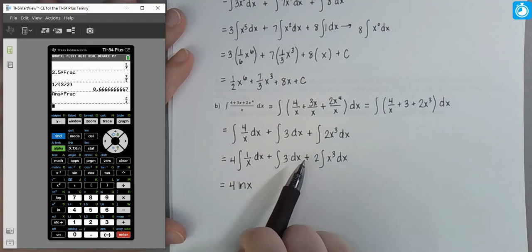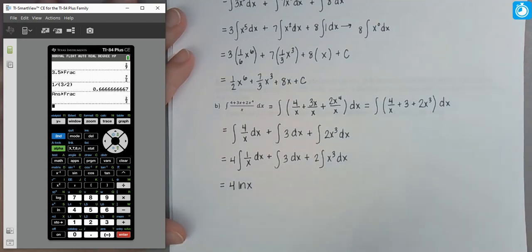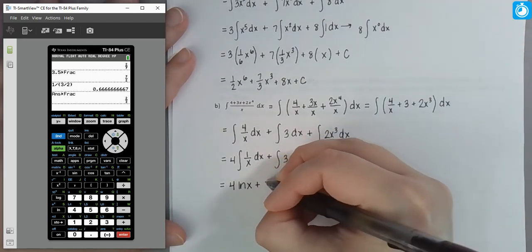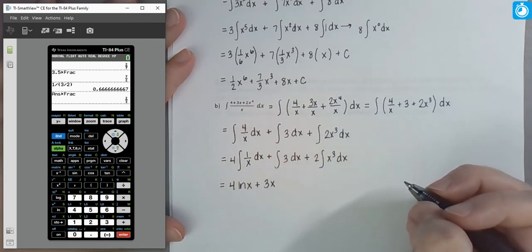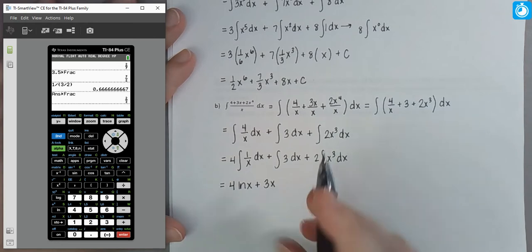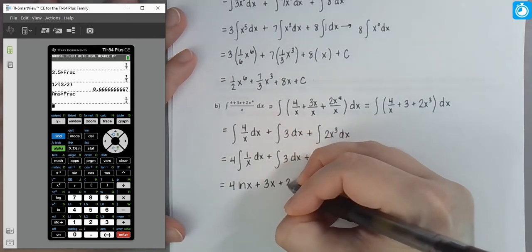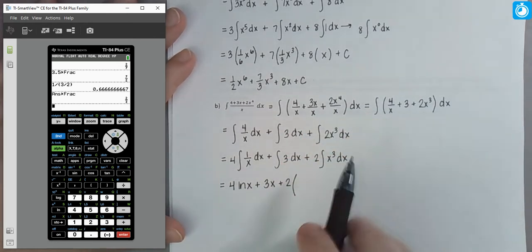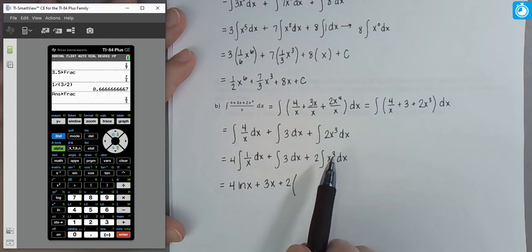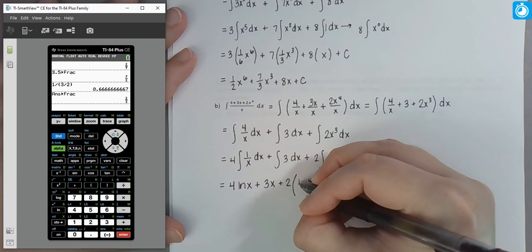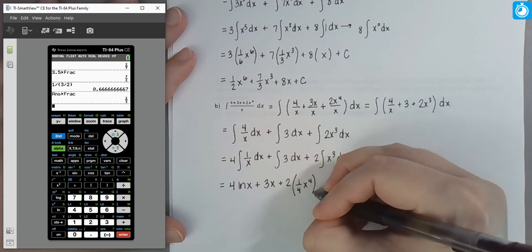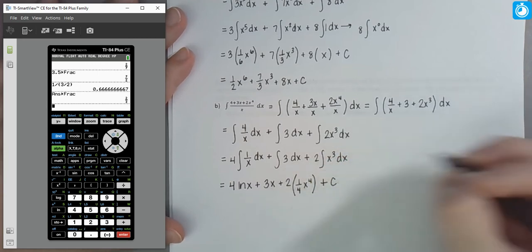Okay, for the next one, the antiderivative of 3. Well, we know if we just have a constant, and that's going to bring the variable back into the picture. And then for the last one, we have our coefficient of 2. We're multiplying by the antiderivative. So using the power rule, increase the exponent by 1, and then divide by that new exponent, plus 1 big C for the whole problem.